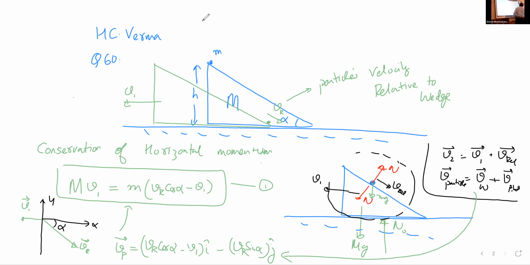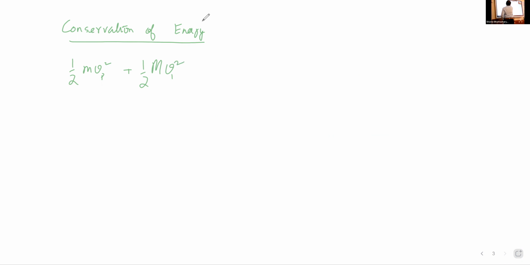Right. So let's move on to the next equation, conservation of mechanical energy. That will give us the relation that half m velocity of the particle squared plus half capital M velocity of this one in ground frame squared is equal to mgh. And V1 is what we have to find out. Now remember, what is the velocity of the particle?